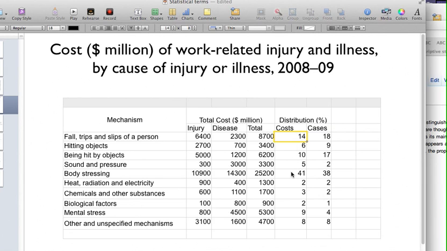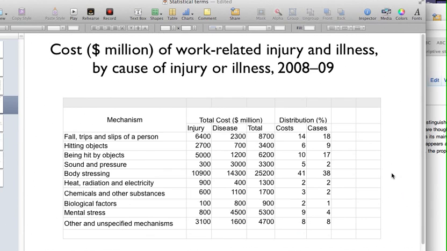Well, reasonably big, but the big one, 41% for body stressing. So obviously that's a very costly thing. That's, I think, bad backs, stress, and doesn't look like it includes mental stress, because mental stress is already a variable. So body stressing sounds like it's lifting, straining, backs, musculoskeletal kind of problematic things that result from stress, not as a result of being hit by an object or hitting an object.